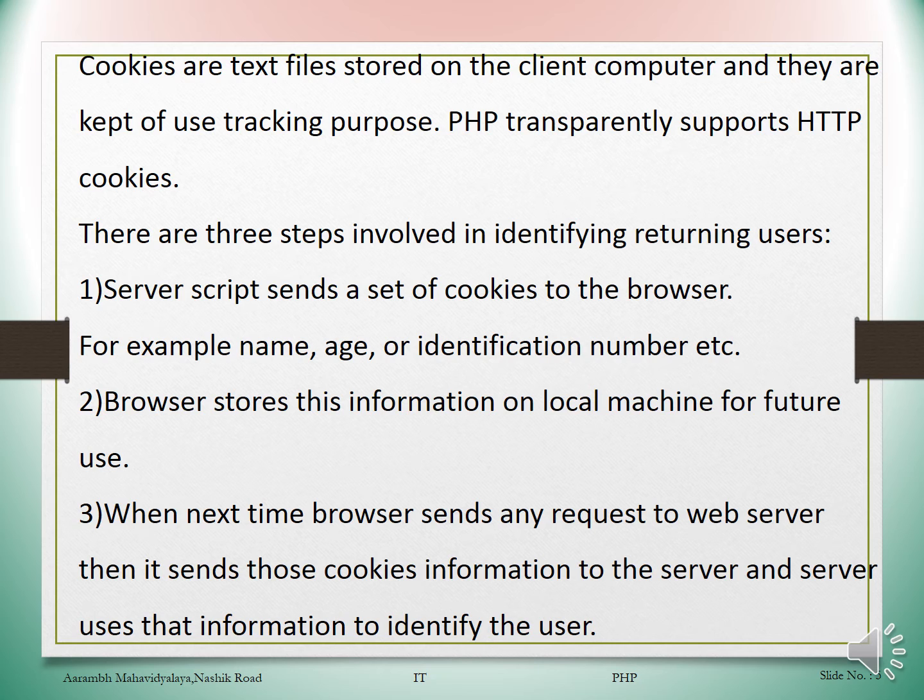Those fields get temporarily stored on our machine. And when next time we open the same website, by using those temporary variables or cookies, that website gets directly loaded on our machine. That is the main use of cookies.